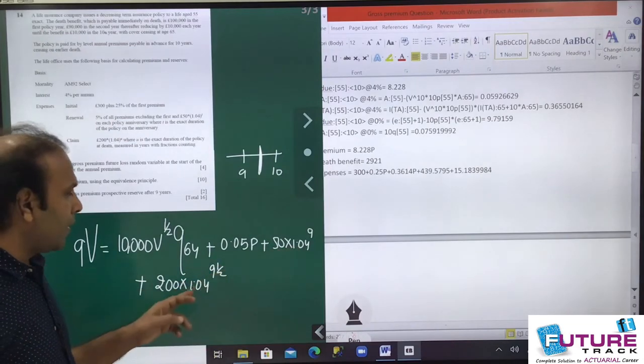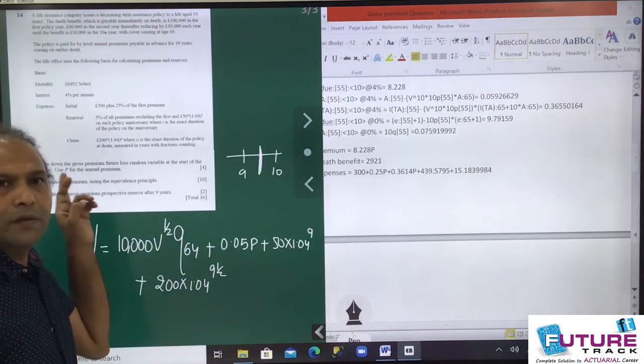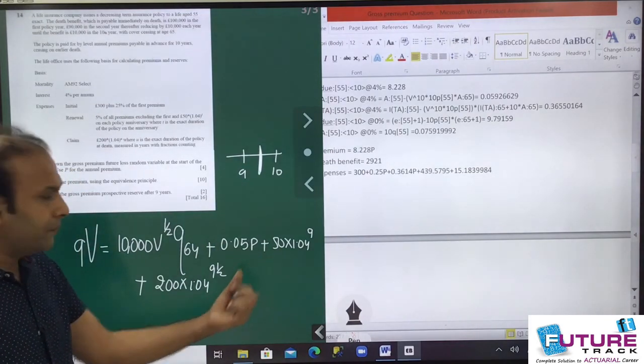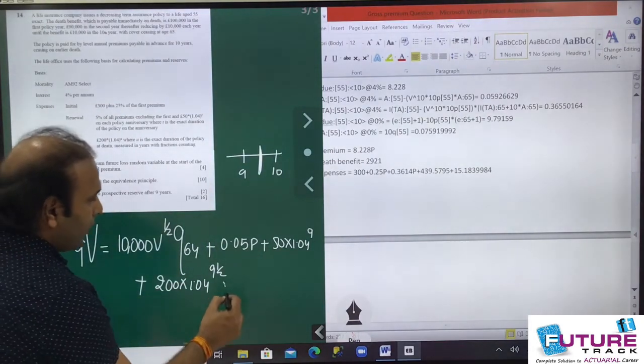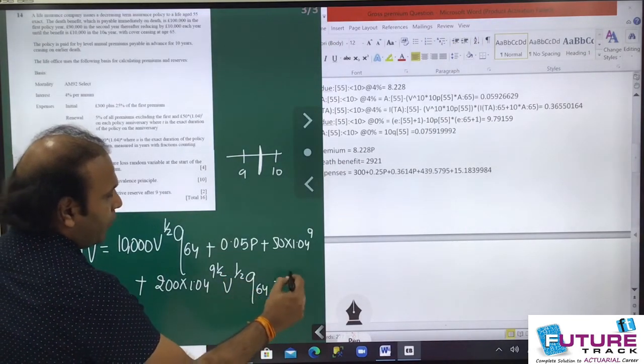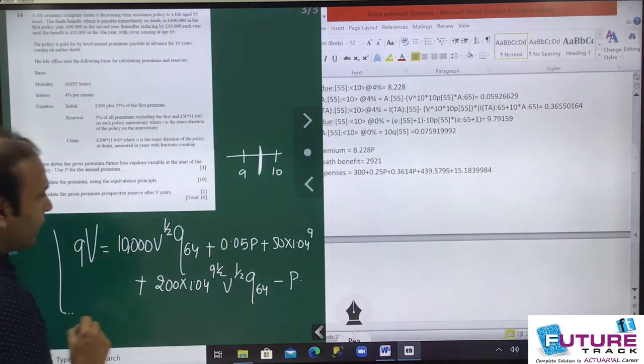See, in these two parts we have written 1.04 because now we are not discounting till 0. That is why it is not cancelling. Fine. v raised to power half q64, and we have to pay the premium next day. So P. So this is my expression of 9V.